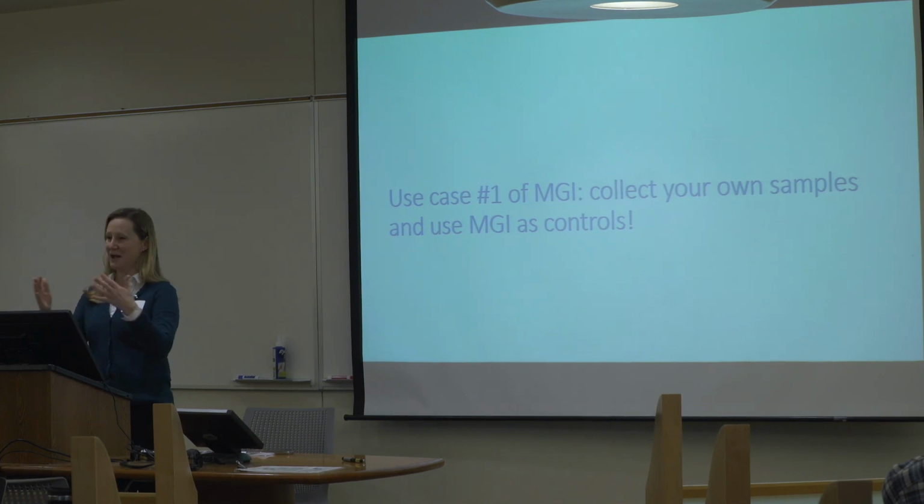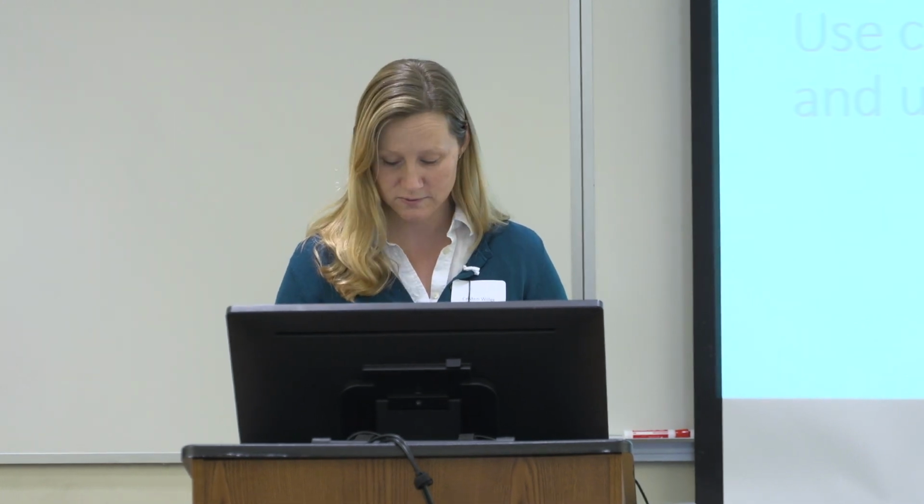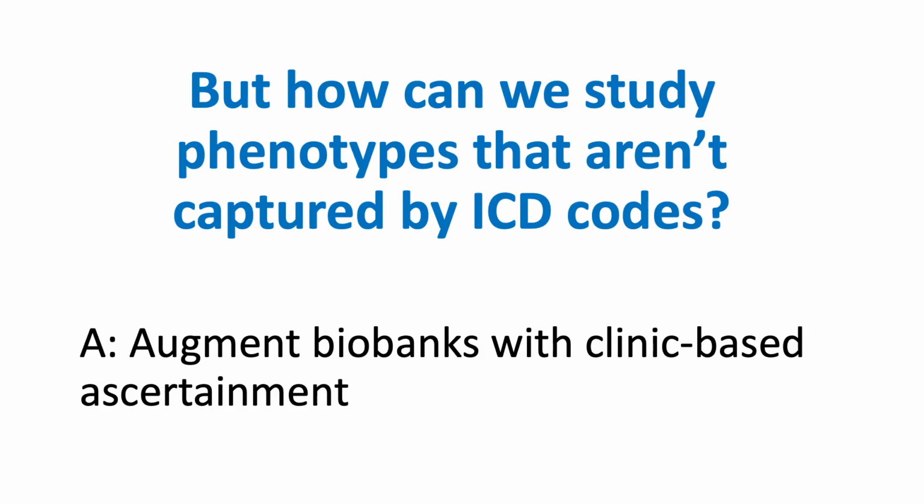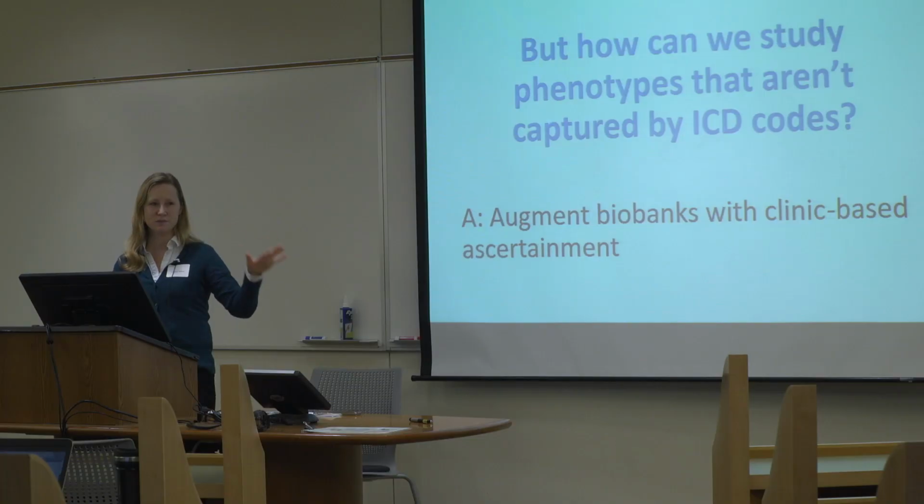We made the decision to collect cases only because we're based in the CVC, we have lots of cases. That was the purpose of the study, with the idea that we would partner with MGI and use MGI samples as controls. In particular, we wanted to study some phenotypes that can't be captured by ICD codes.